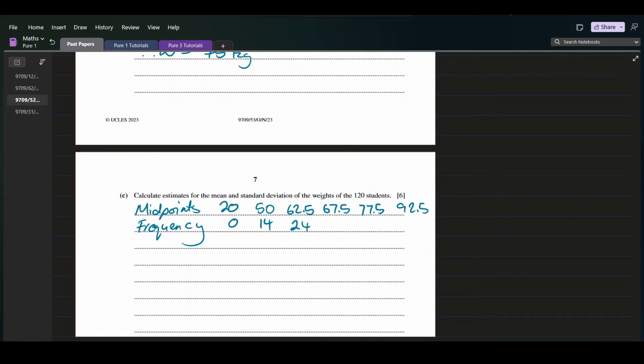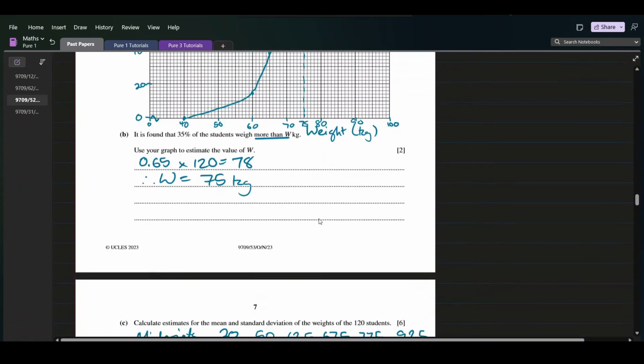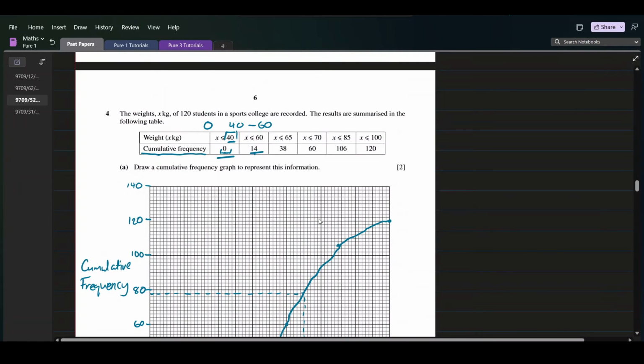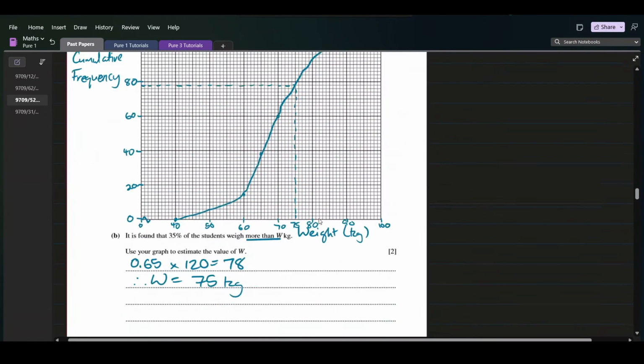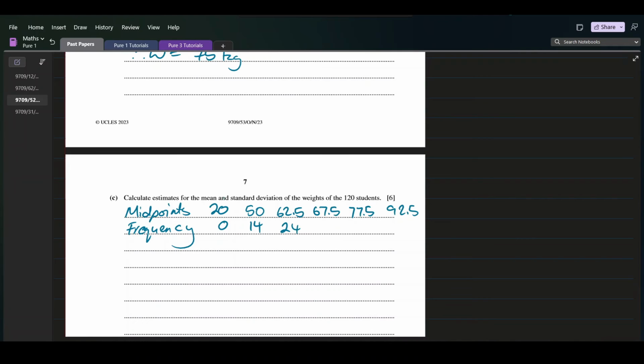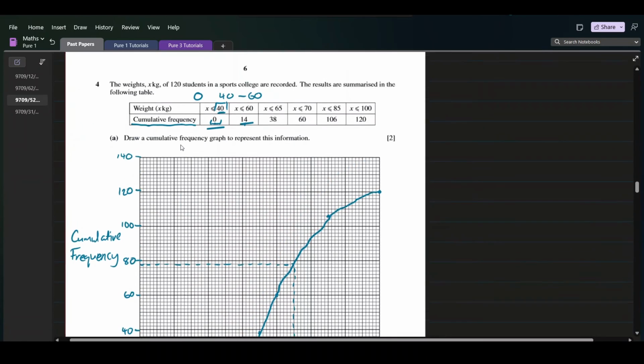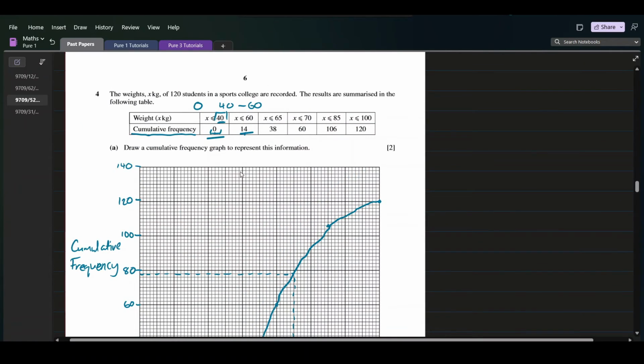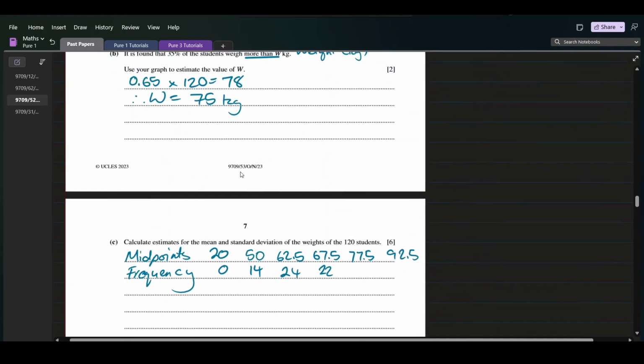And then let's go to the fourth class, 60 minus 38, which is 22. And then the next class, that is 106 minus 60, which is 46.